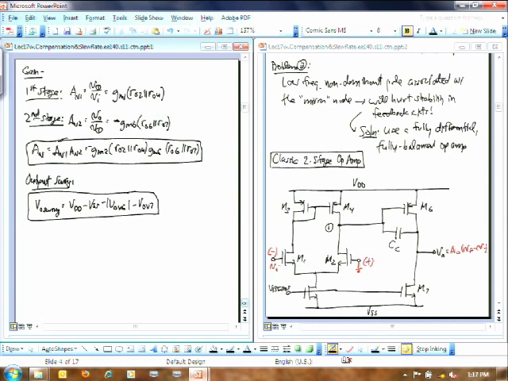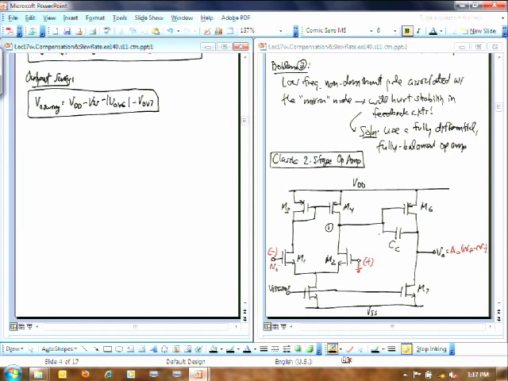And this is just going to be a first pass through this, just to help you get through your lab right now, which comes a little earlier than the lecture on compensation. So, the frequency response of this thing is going to look something like this. You're going to come out here and you can calculate where its dominant pole is. And where that dominant pole is, I'll just call omega P1.